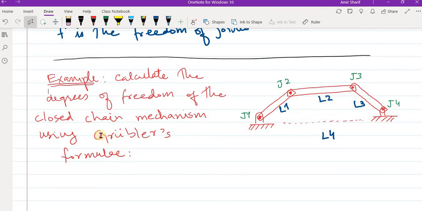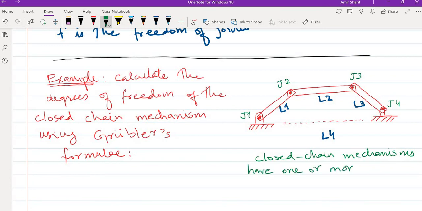And just to define what a closed chain is: closed chain mechanisms are mechanisms which have one or more closed loops.